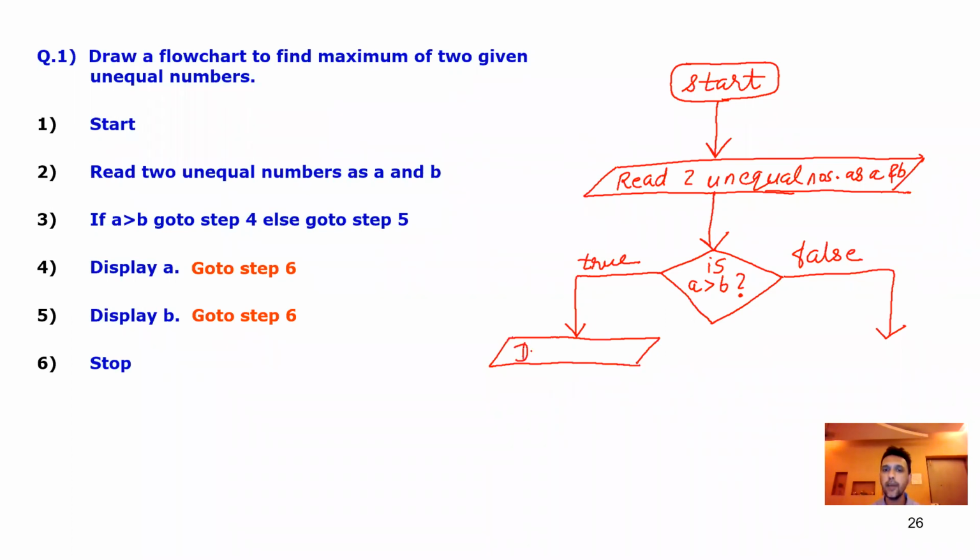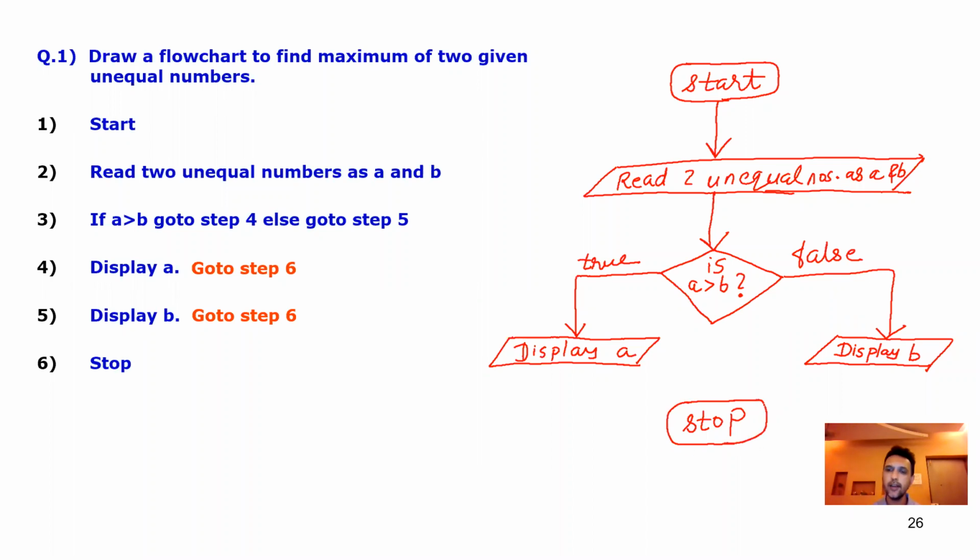So inside a parallelogram, I'll write display A. Obviously over here also there will be one more parallelogram inside which I will write display, tell me what display? B. Okay. Now step number 6 is stop. Tell me, stop should be inside which symbol? Rounded rectangle. Very good. So inside a rounded rectangle, I will write stop.